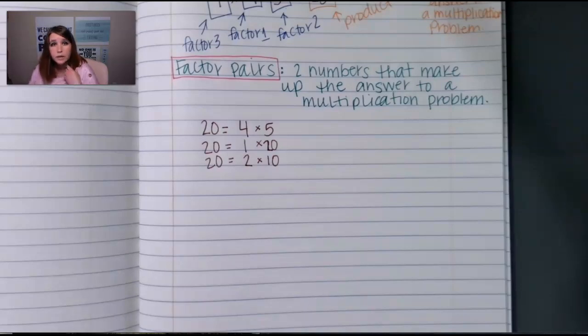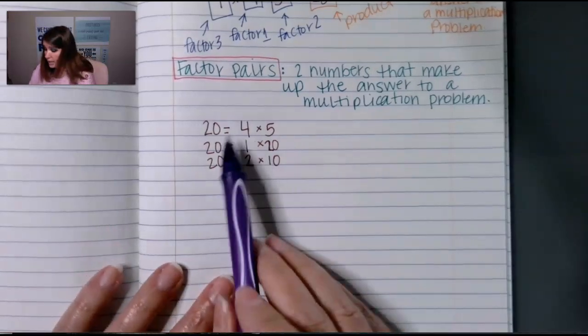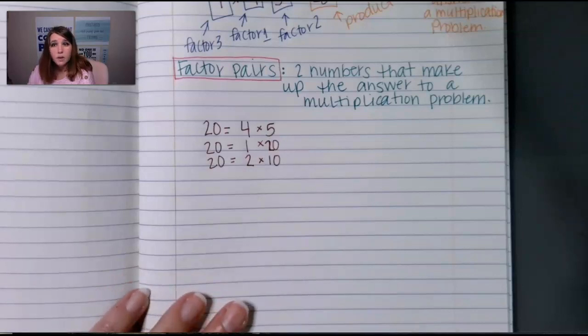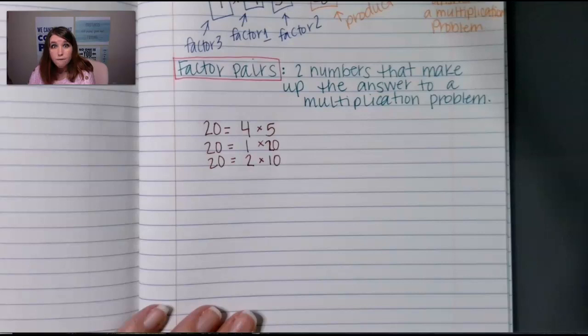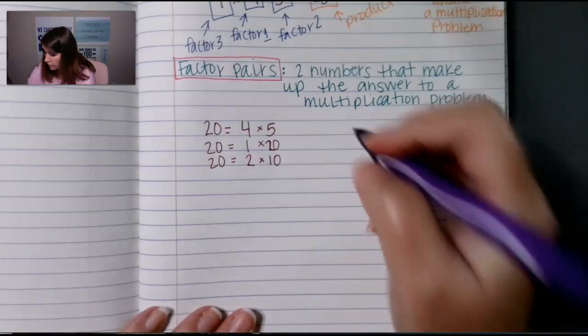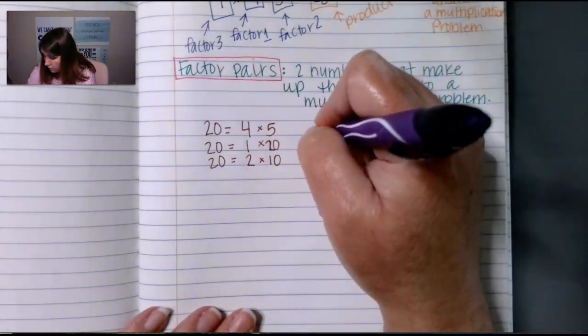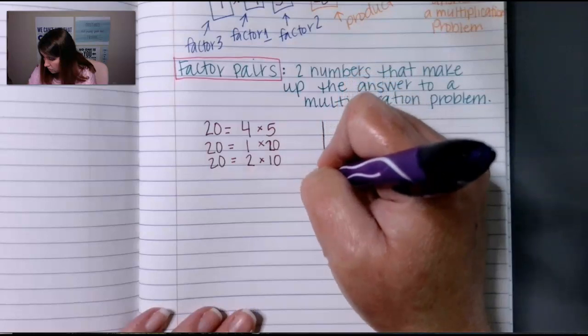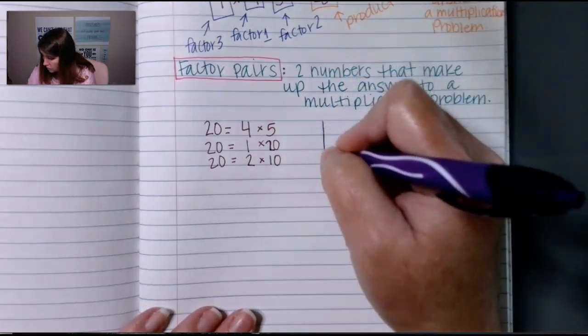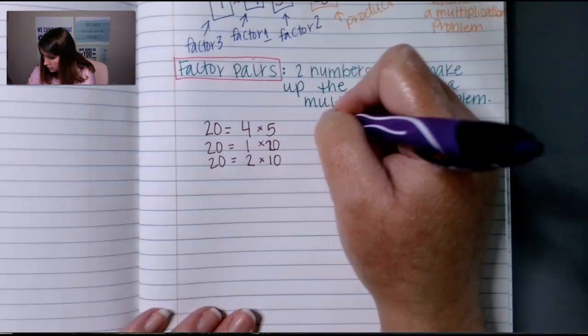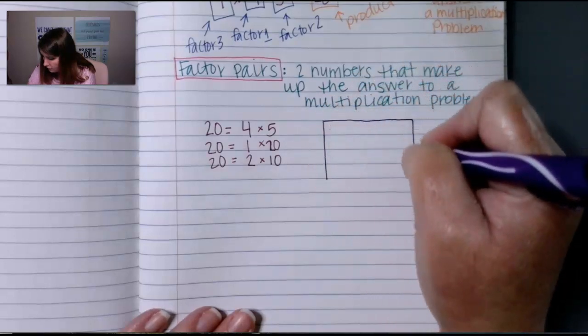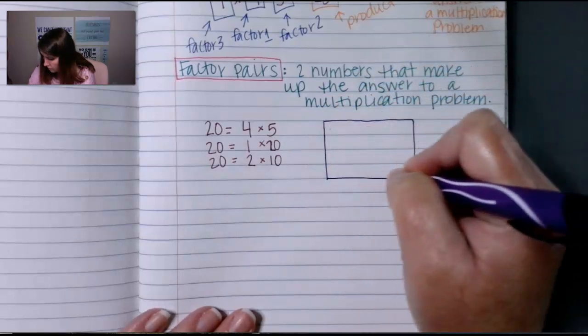Our first one we're going to use is 4 by 5. If I had a piece of grid paper here, I would draw a 4 by 5 grid. So I would have 1, 2, 3, 4 squares, and I would make that go by 5.